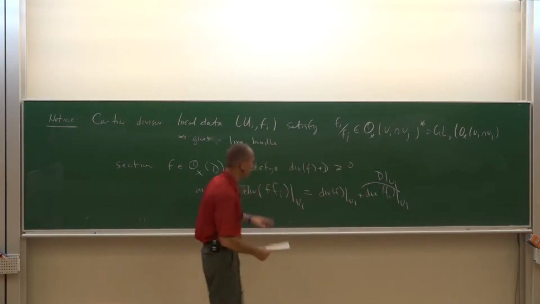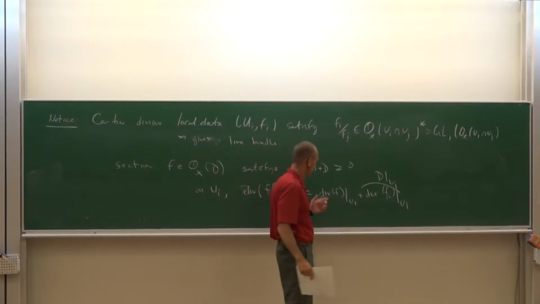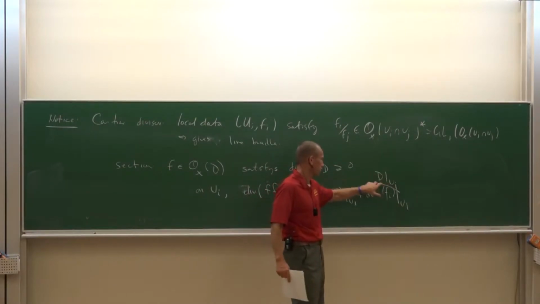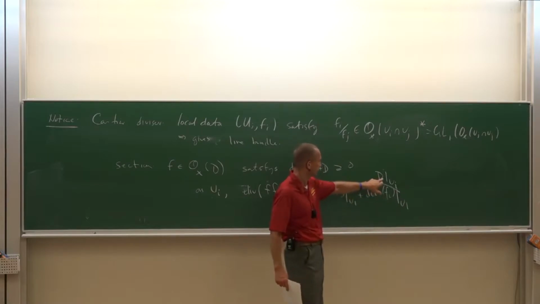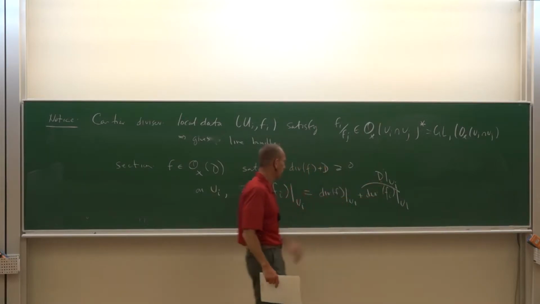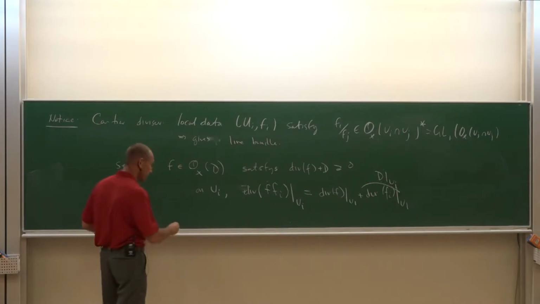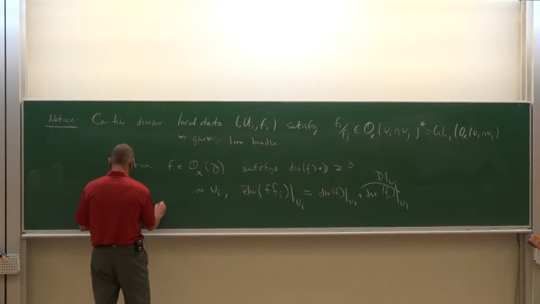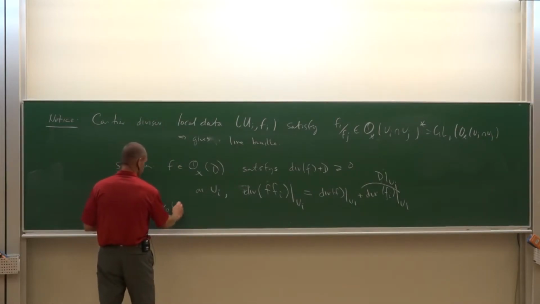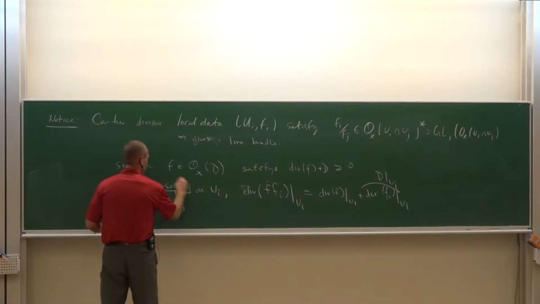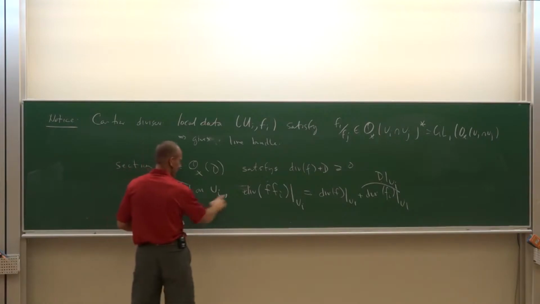This is the picture that we saw before, where the section of O_X(D) gives us the divisor plus some other bit. In particular, the divisor of zeros of a section of O_X(D) is going to be exactly of this form.